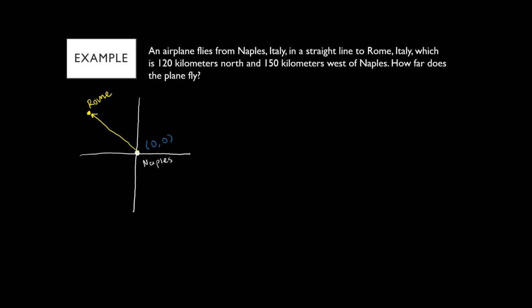And then in order to figure out where Rome is, we went 120 kilometers north and then 150 kilometers west. So that's going to give us a negative value because west on our grid is going to be towards the negatives. So that gives us an ordered pair of negative 150 and 120. And so that gives us our two ordered pairs that we can use with the distance formula to get our equation.